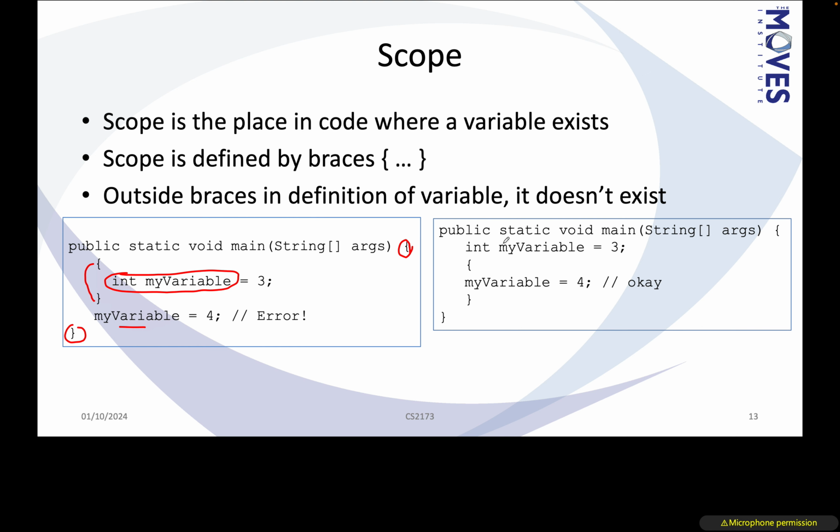Now, scope goes inward. Here's a similar type of thing, except now I've declared the variable outside of this block here. Since this block is inside, it's nested, this is okay.